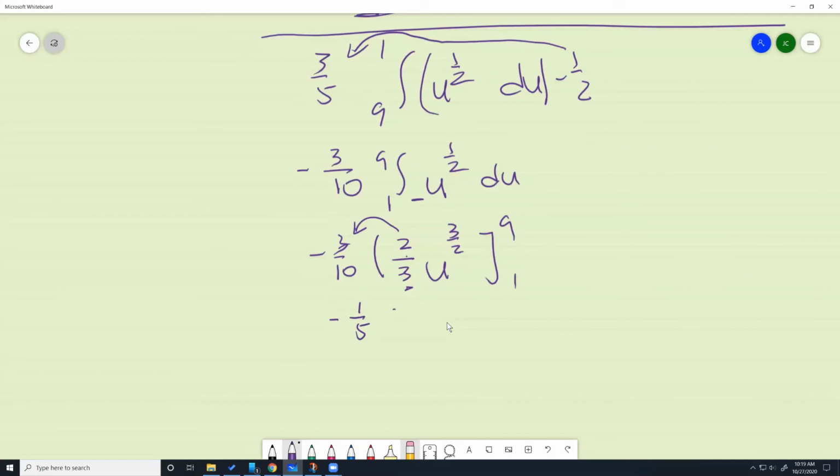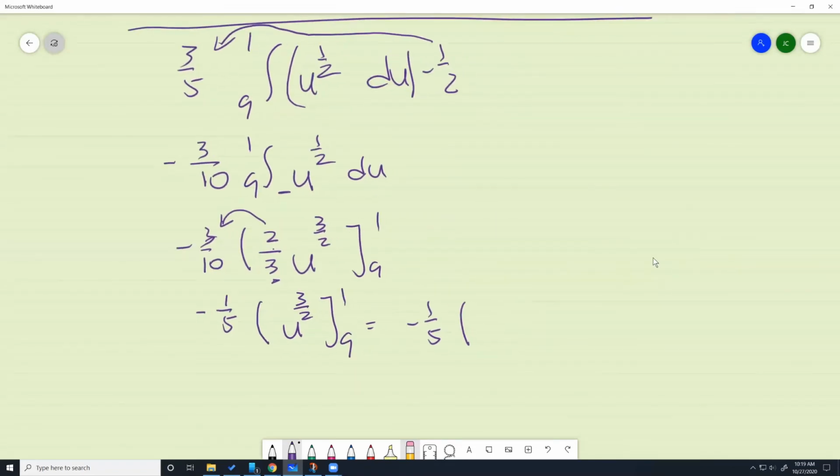Yep. I think I actually switched. Hold on a second. I accidentally switched the limits of integration. Make sure you don't do that, otherwise you get the wrong sign. So let me fix that right now. Okay. Back in business.